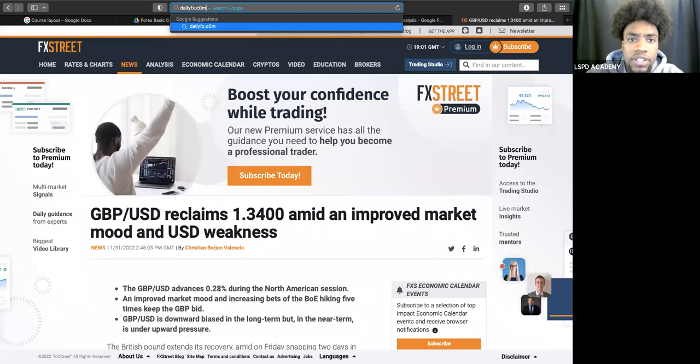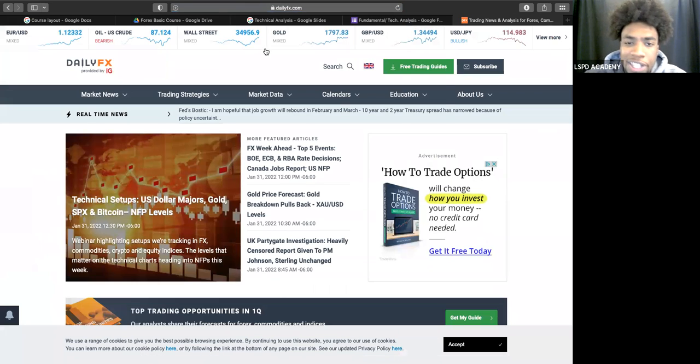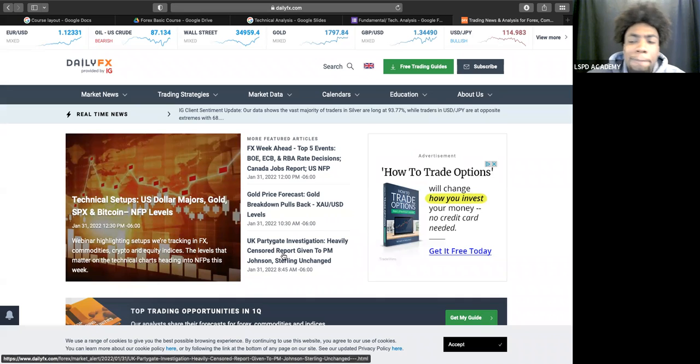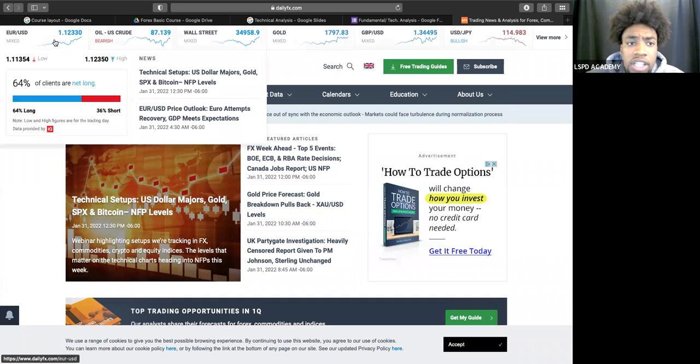DailyFX is literally the reason I list them all in the same PowerPoint, because I get basically the same thing from all of them. Now they all do have different traits, different little things that you can branch off of. Like with DailyFX, they have what I like to call trader meters, right?